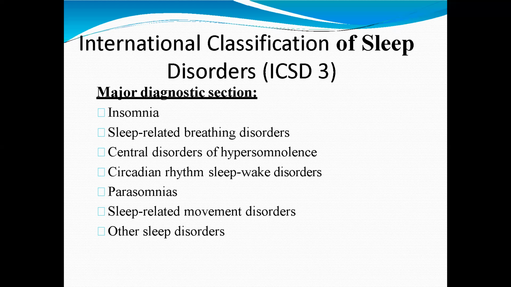In pharmacovigilance or any kind of coding, this ICD classification is widely used. The other classification is the International Classification of Sleep Disorders, ICSD, the third version. In this classification, sleep disorders are classified as insomnia, sleep-related breathing disorders, central disorders of hypersomnolence, circadian rhythm sleep-wake disorders, parasomnias, sleep-related movement disorders, and other sleep disorders.